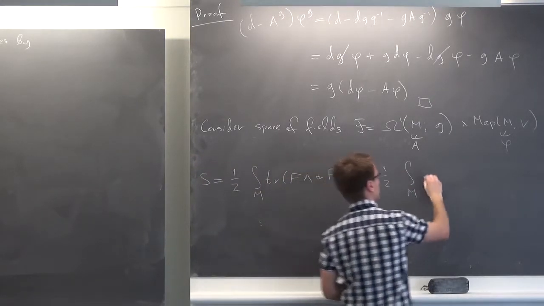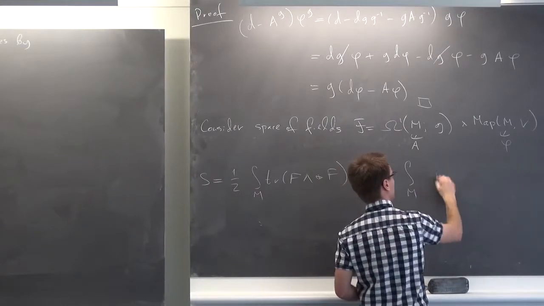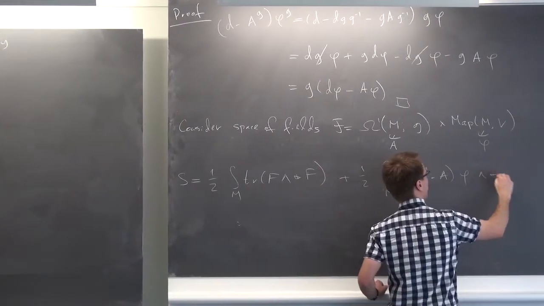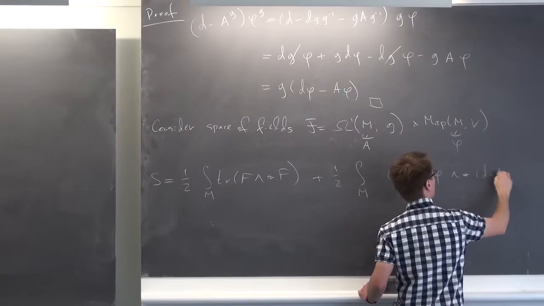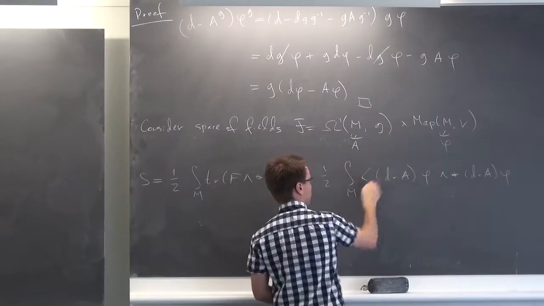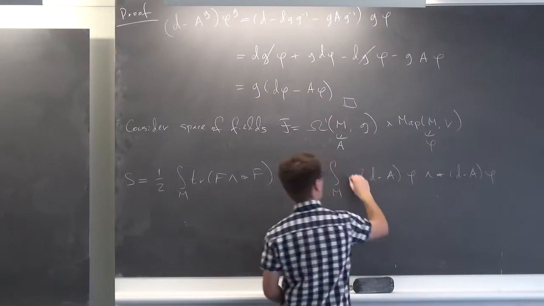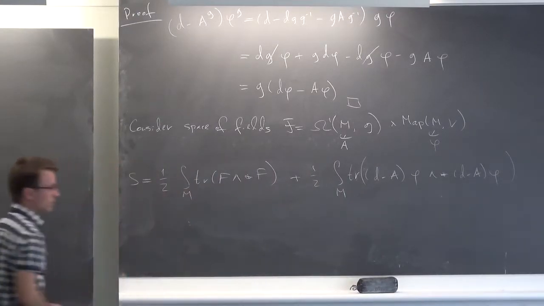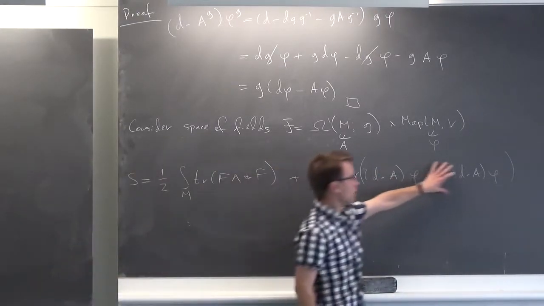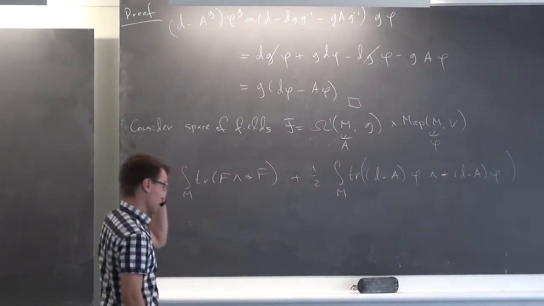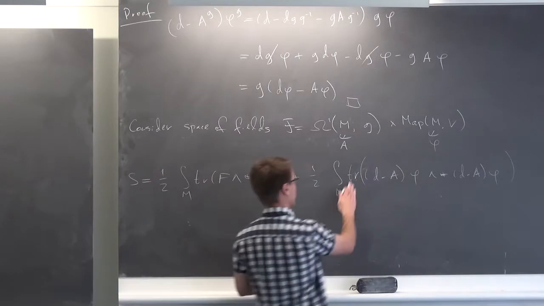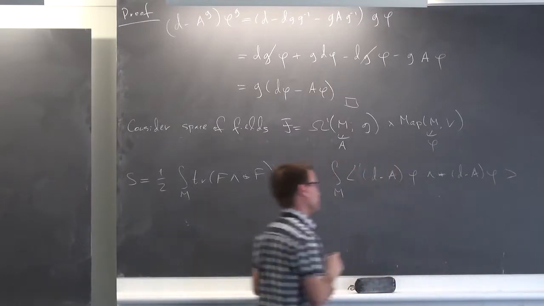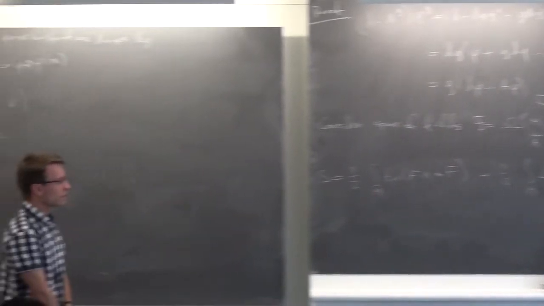It's going to be (d minus A) phi wedge star (d minus A) phi. I'll just call the pairing by triangular brackets, and then I'll explain what this notation means.